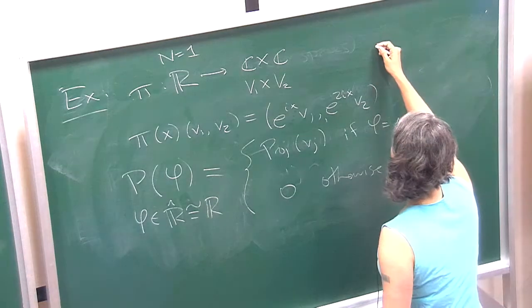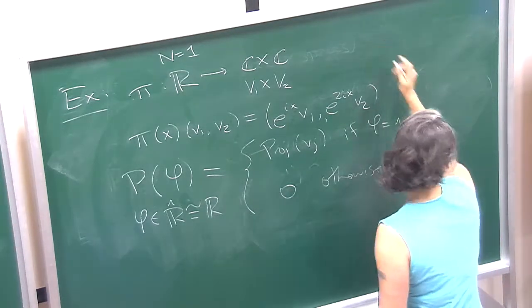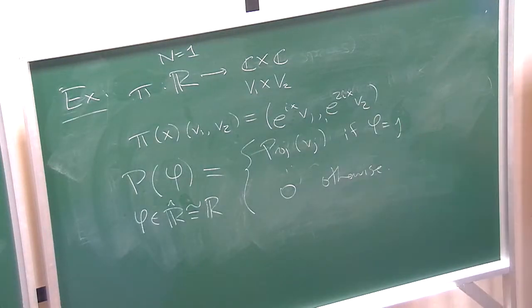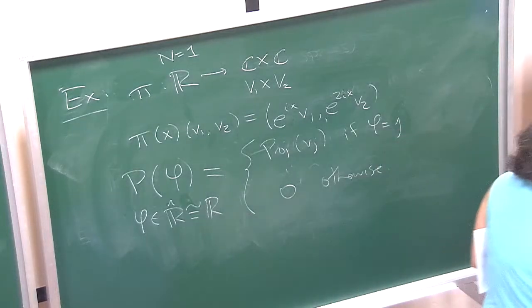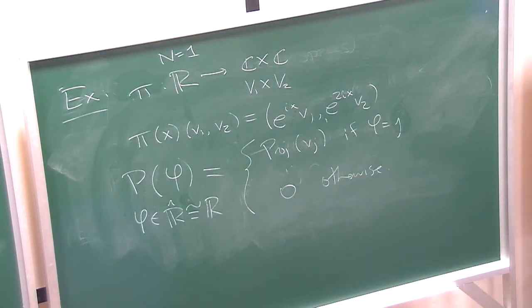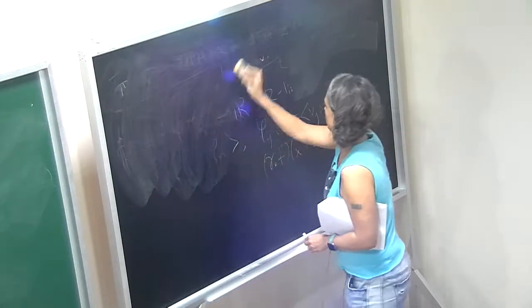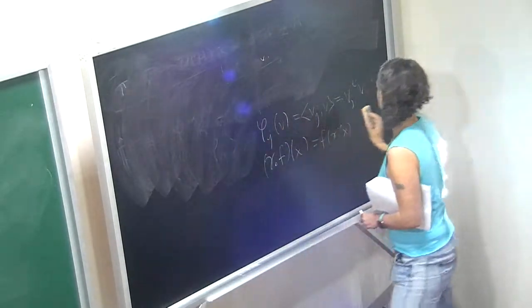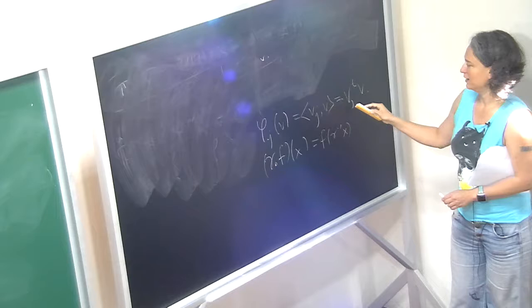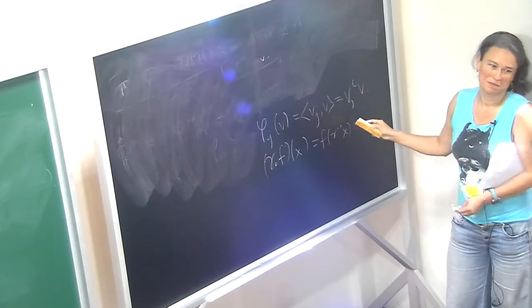So remember I had this unitary dual here, right? This was supposed to be an inner product, but it's not an inner product.